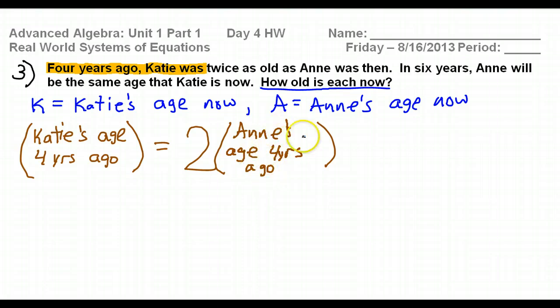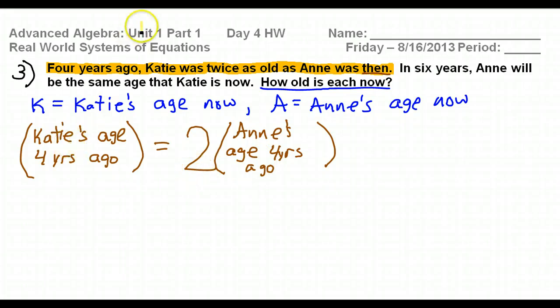Okay, how do I know it's 4 years ago? Because it says then, which is the same as Katie's was 4 years ago. So Anne's age then is also 4 years ago. So I should have highlighted the rest of that. Let me do that now. Twice as old as Anne was then. So this orange sentence becomes this word sentence.